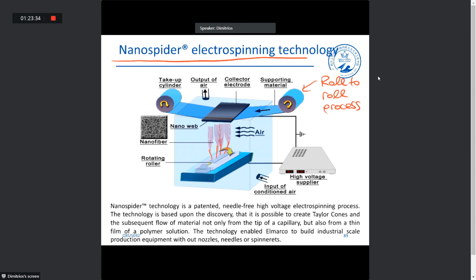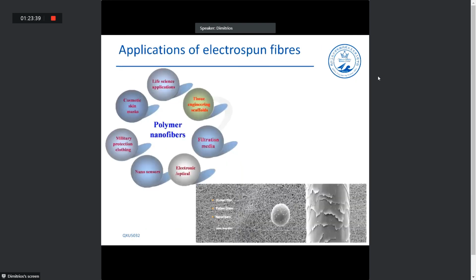So you can realize how much smaller, finer, thinner they are. And with the advent of nanotechnology, we can take advantage of these electrospun fibers for a number of applications, such as sensors, tissue engineering, filtration media. Sometimes we use them for their electronic and optical applications, and so on. Okay?